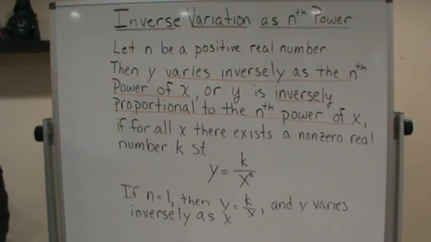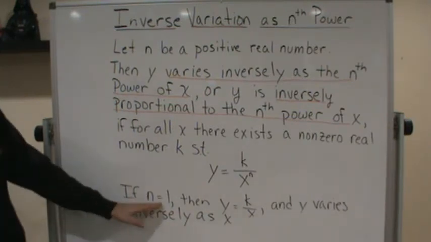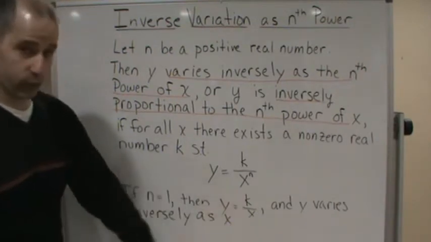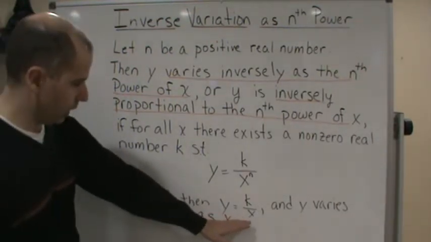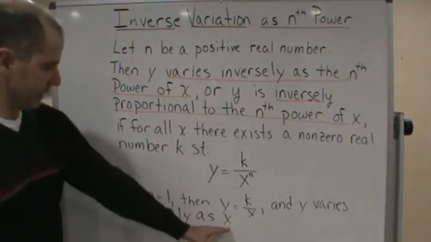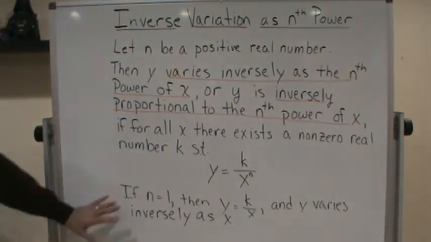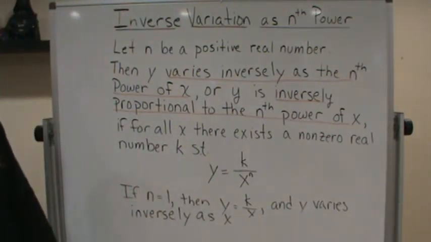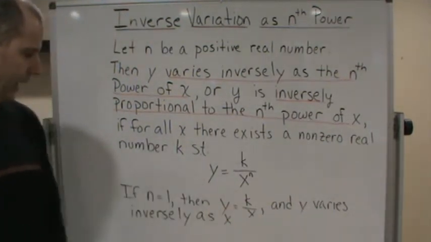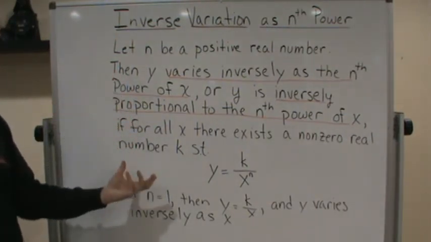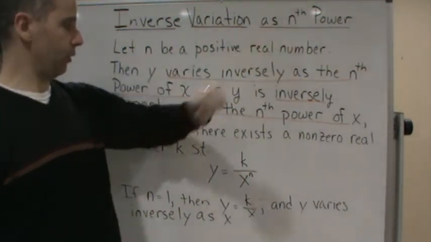Now, down here we say if n is 1, then we get the relationship that y equals k over x, and this is the one where we would say that y varies inversely as x. So here's the specific case of inverse relationship, y equals k over x, but we also can define it similarly as an nth power.